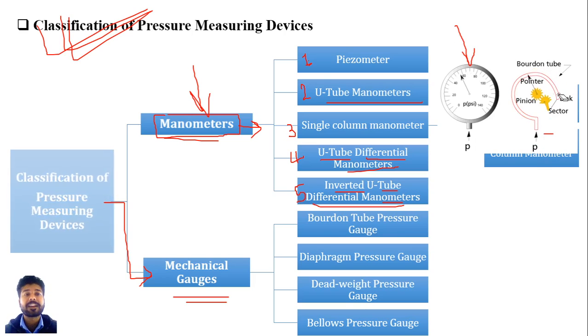By deflection of this metallic tube, your sector is deflected, and this sector is directly connected with this pinion by gear mechanism, and on that pinion there is one pointer which shows the different readings of pressure on your dial. So this was about the Bourdon tube pressure gauge.